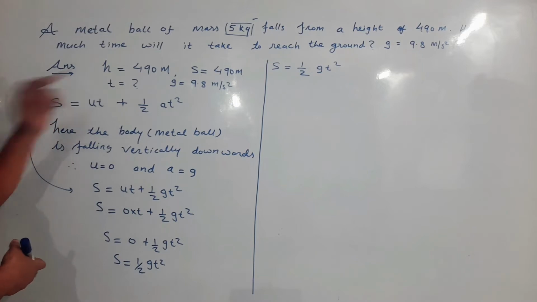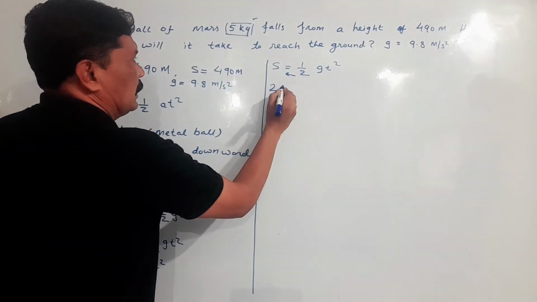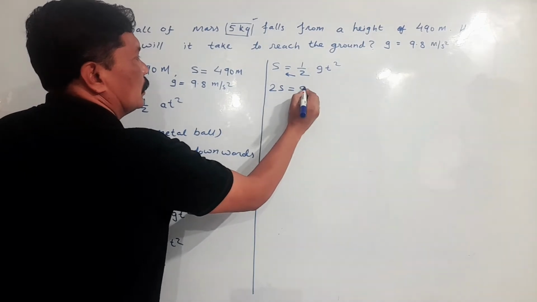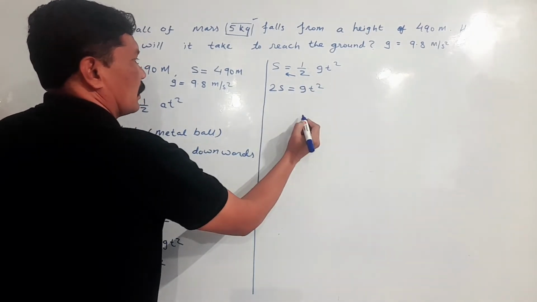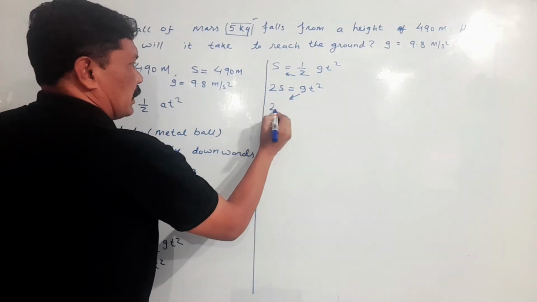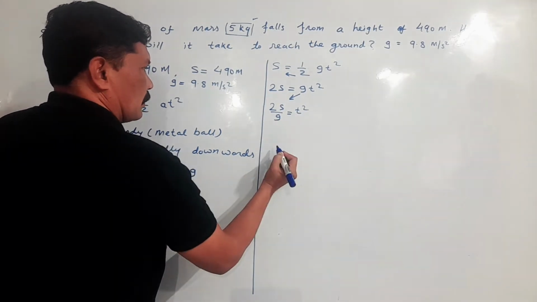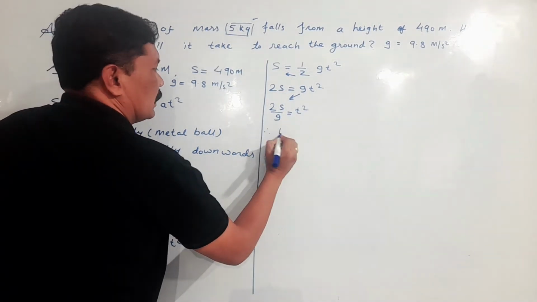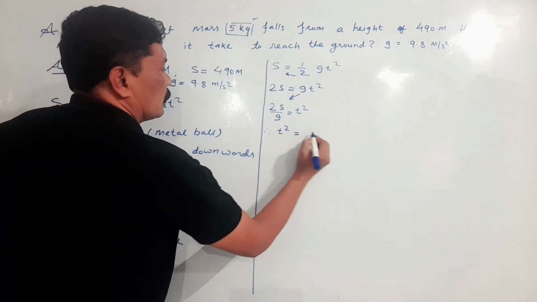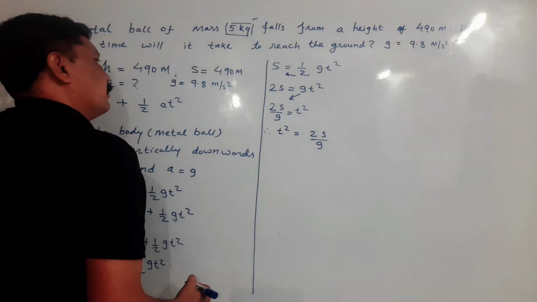My dear student, here we have to find t. So we will take 2 to the other side of equation. Twice S is equal to gt square. G will take to the other side of equation, we get twice S upon G is equal to t square. Therefore, my dear student, t square is equal to twice S upon G we got.